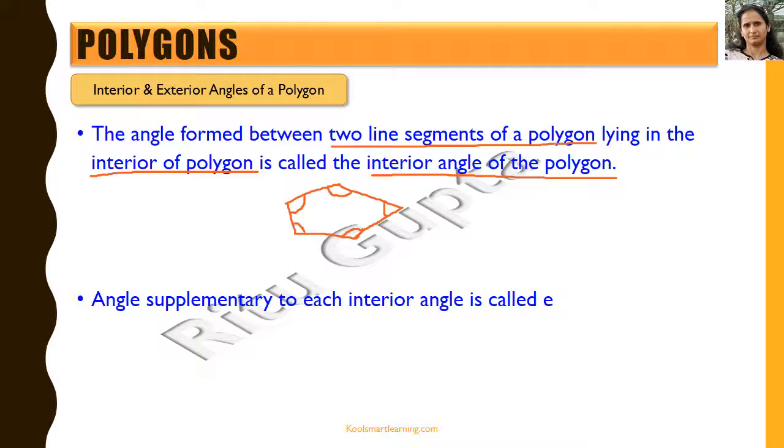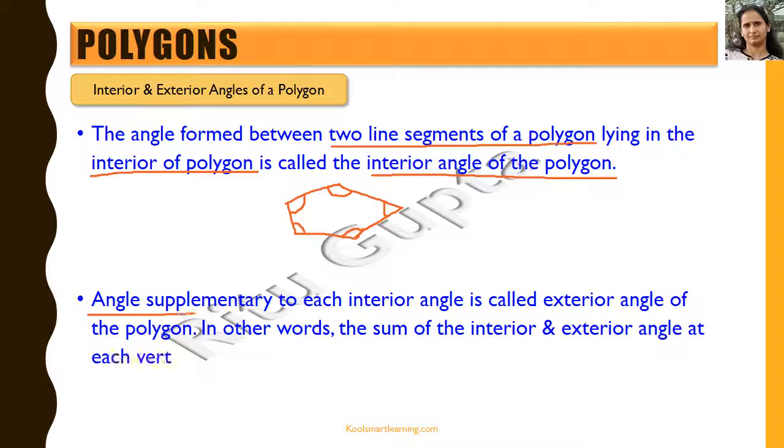The angle supplementary to each interior angle is called the exterior angle of the polygon. So if we extend the side on the outside, then this angle is the exterior angle. Similarly, if we extend all the other sides, we see that these are the exterior angles of the polygon.